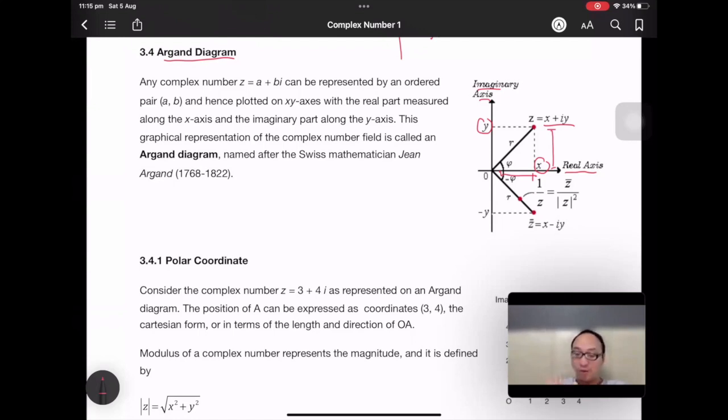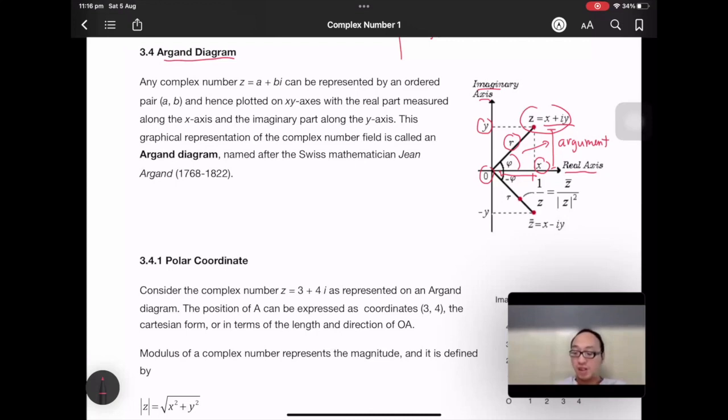And we have r here as the modulus. As I said before, this is the length from the origin to the point of the complex number, the magnitude. And also, we have a theta here that we call the argument.